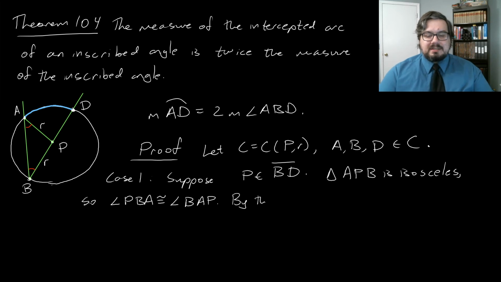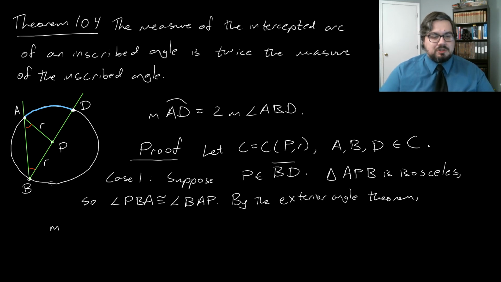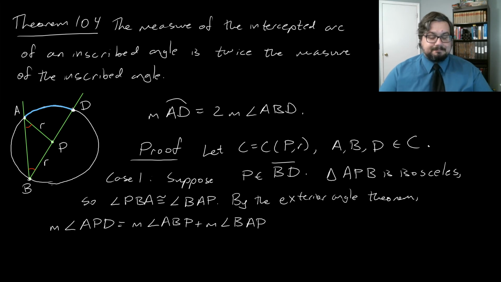Now, by the exterior angle theorem, we have that the measure of angle APD is equal to the measure of angle ABP plus the measure of angle BAP. So the exterior angle theorem says that this exterior angle at P is equal to the sum of the measures of the remote interior angles. Because we're in Euclidean geometry, we can get that equality.